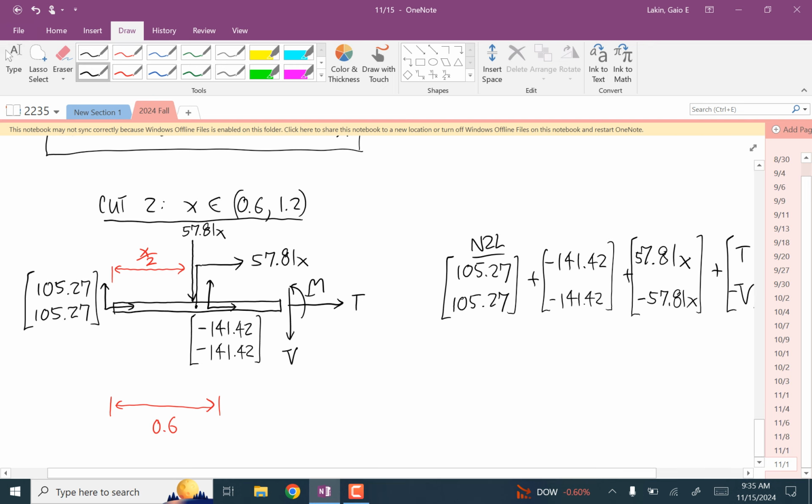And so T is equal to negative 57.81x plus, oh my God, that's not right. 36.15.